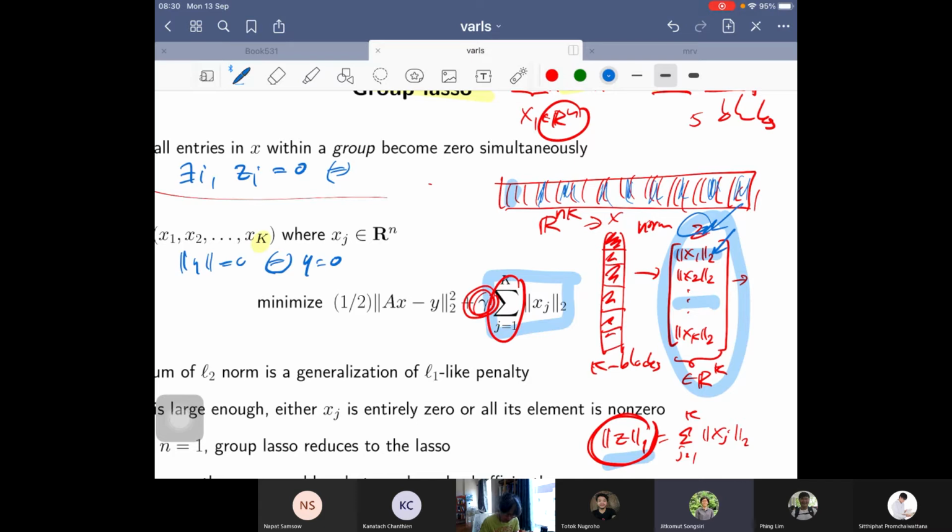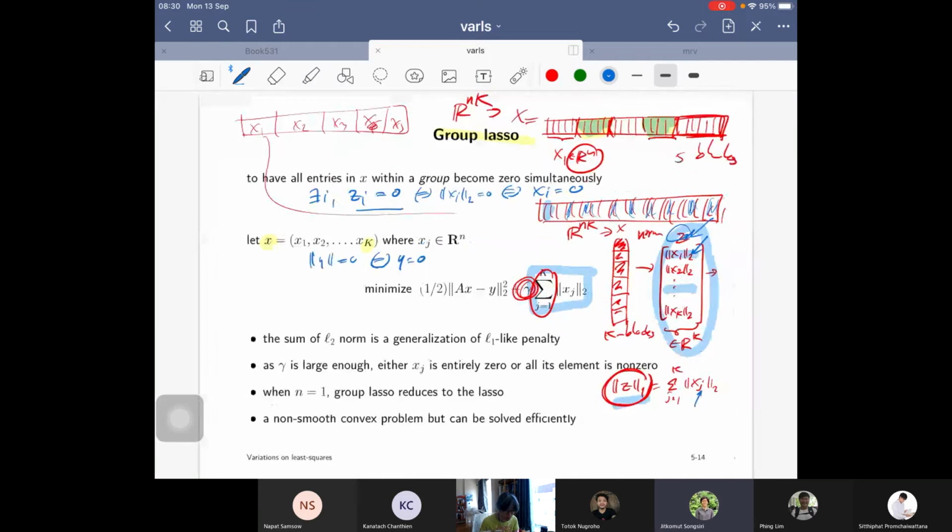Because Zi is the two norm of the block Xi, Zi is 0 whenever Xi is 0, whenever the whole i-th block of X is 0. That's why the group Lasso can introduce group sparsity in the vector X.